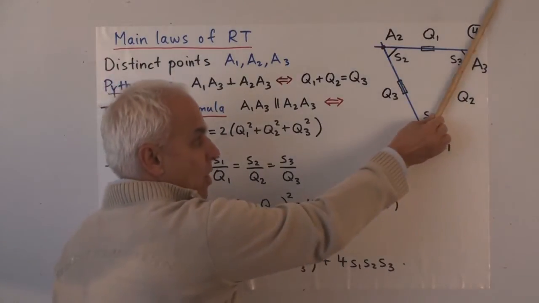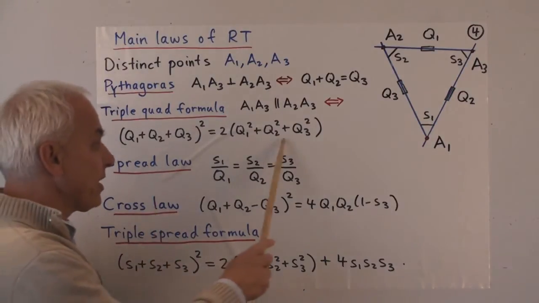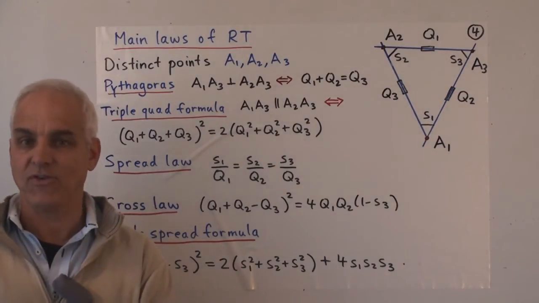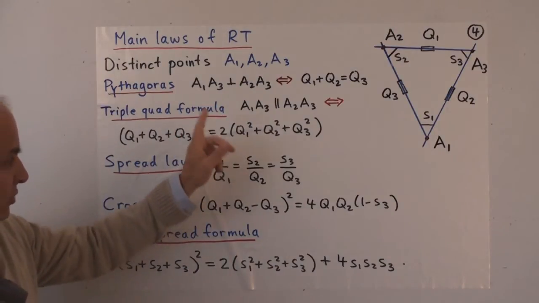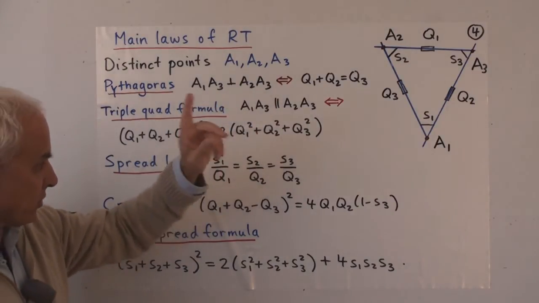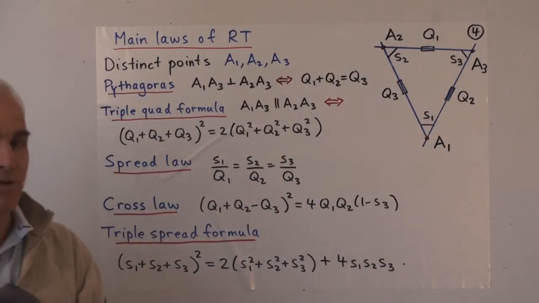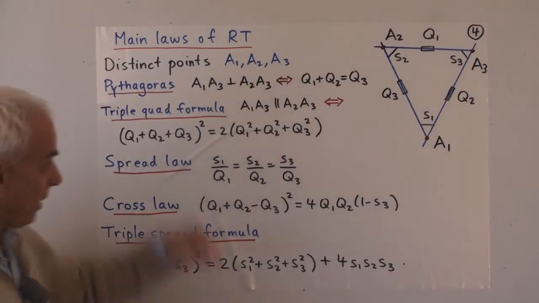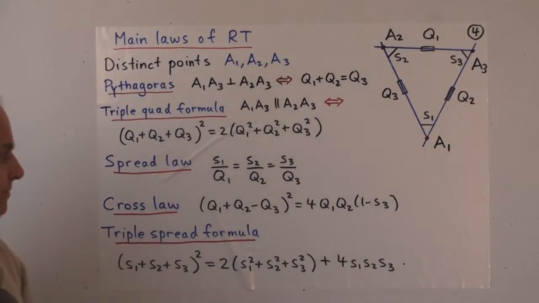They all lie on one line. And that happens precisely when this relationship between the 3 quadrances is satisfied. Q1 plus Q2 plus Q3 all squared equals 2 times Q1 squared plus Q2 squared plus Q3 squared. It's the second most important theorem in mathematics. That's the number 1. That's the number 2. Guaranteed.